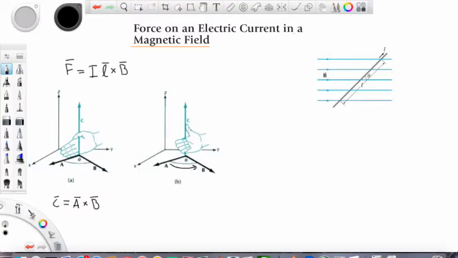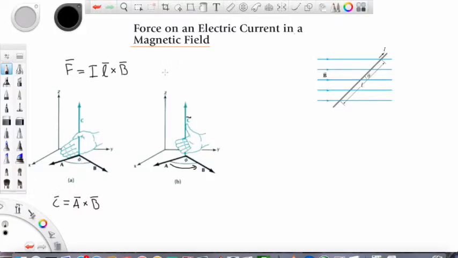And now when you hold your thumb up, that will give the direction of C. Again, point to the direction of the first one, curl towards the other one, and your thumb will tell the direction of the third one.